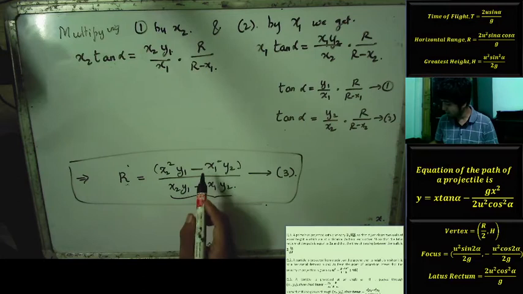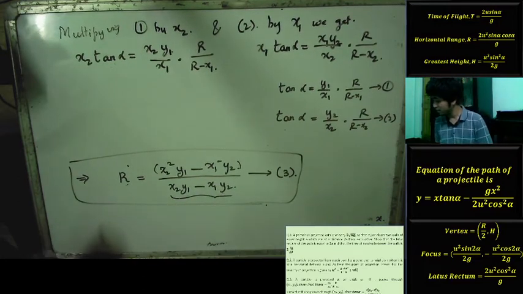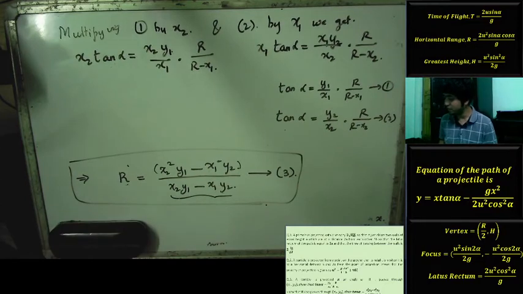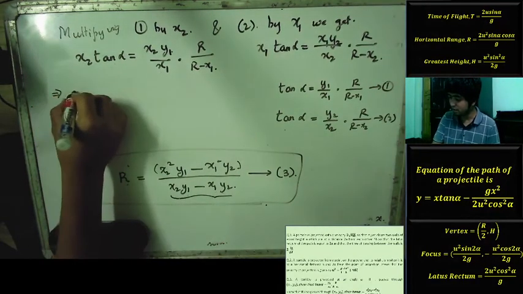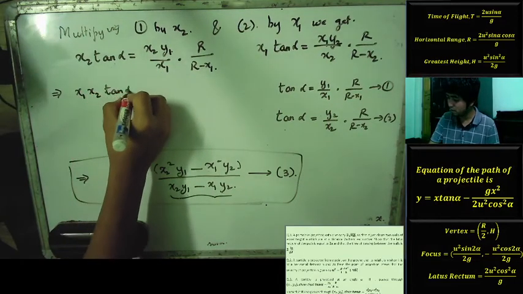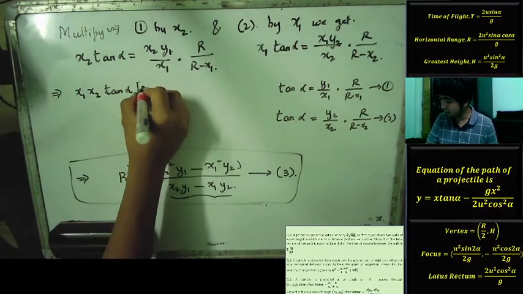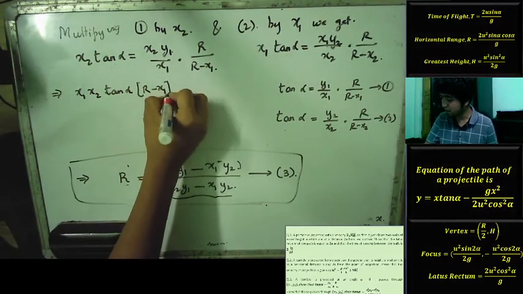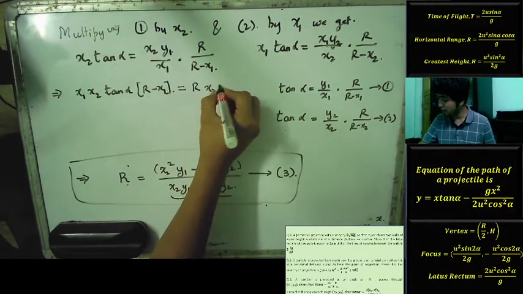But as you can see, we need x2 y1 minus x1 y2. So what can we do? We can transfer this one to this side, into r minus x1 equal r x2 y1.